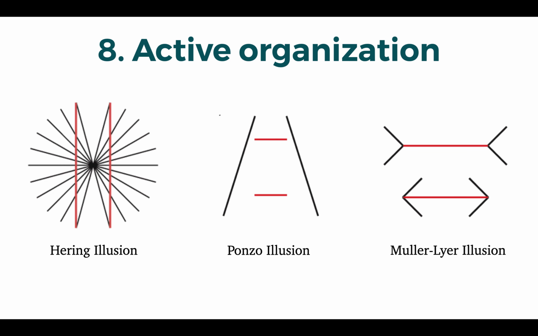We have things like the Ponzo illusion. Again, we're thinking about depth here, right? So this looks like it's receding into the distance, and if that's the case, then this line here is closer to us than this line here, but because they are the same size, this line obviously has to be bigger. It's farther away from me and it looks the same size as this, so it's got to be a bigger line.